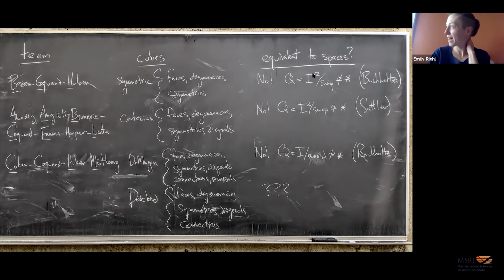The proof of that goes through a comparison with the test model structure on this cube category. So there's a commutative up to homotopy diagram that shows that it suffices to prove that this object is not contractible in the test model structure.